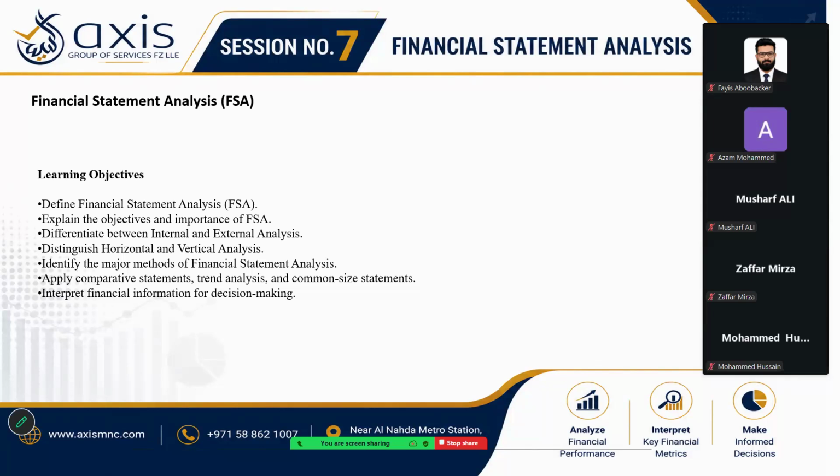Apply the comparative statements, trend analysis, common size statements. Comparative income statement, comparative financial balance sheet, common size income statement, common size balance sheet.